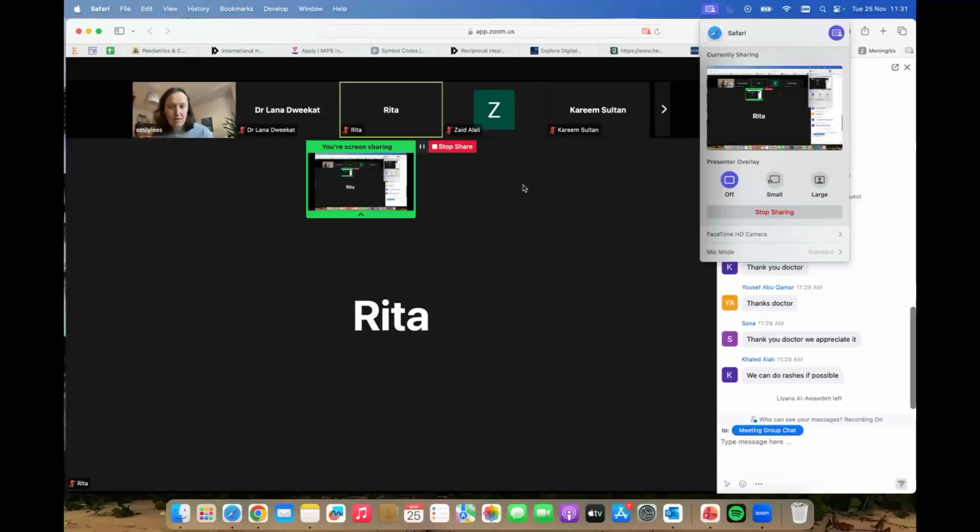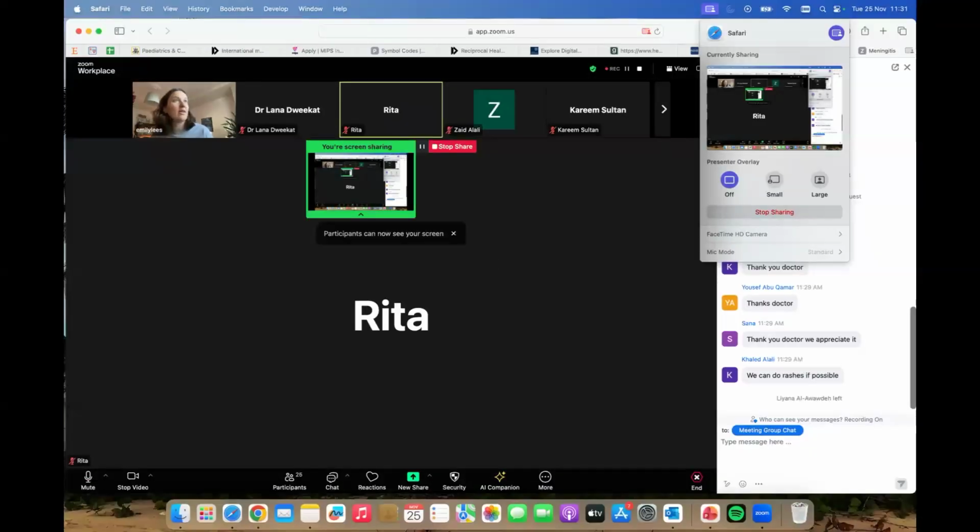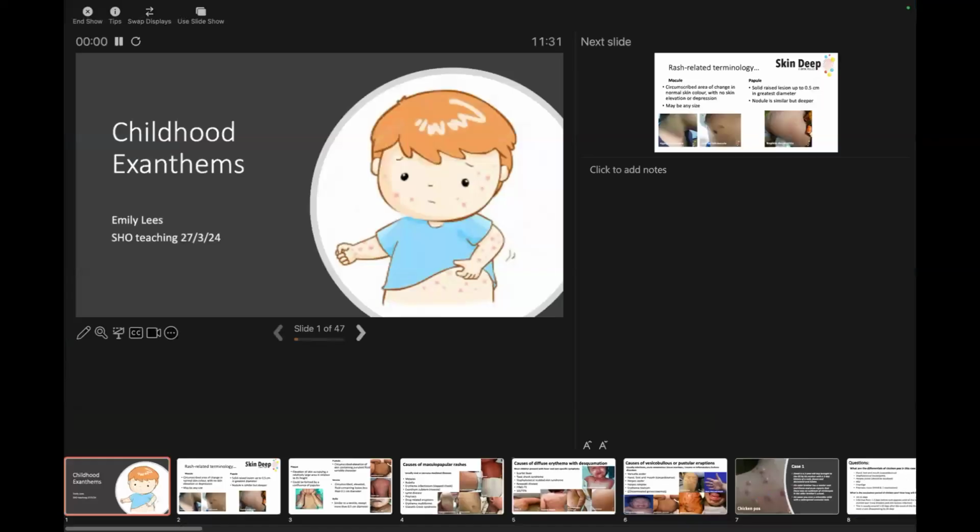Let me try popping that back on this screen. Has that gone into the mode where you can just see the presenter view again?